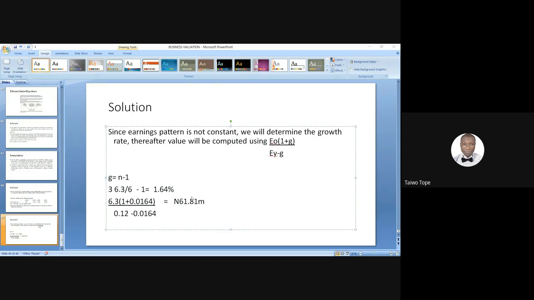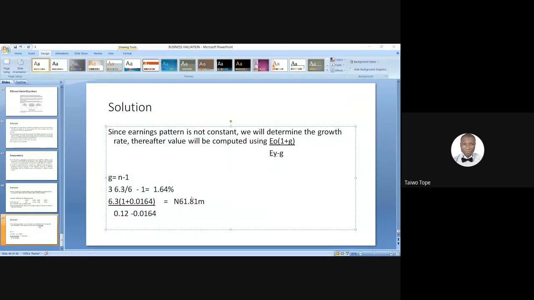Yes, I'm with you. Sir, please, I have been trying to find out how you get this 1.64 because from my own calculation, I have 1.446. Okay, sir. So the third root, oh, fourth root.